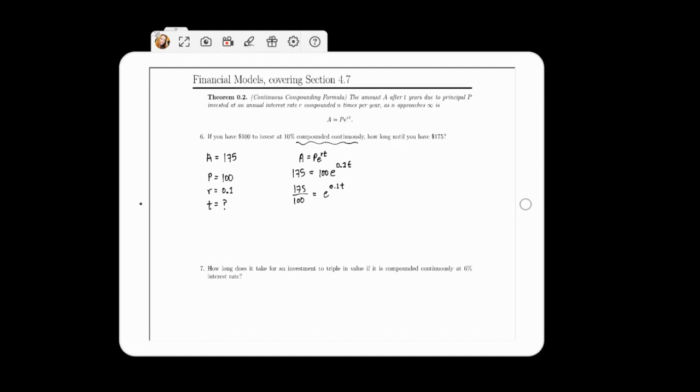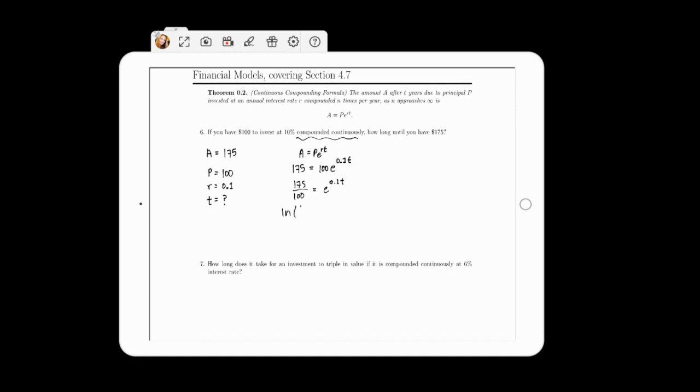So the log of 175 over 100 equals 0.1t. And to get t by itself, I just divide both sides by 0.1. So t equals the log of 175 over 100, over 0.1. And when we get the approximate answer, it comes to be 5.6 years.